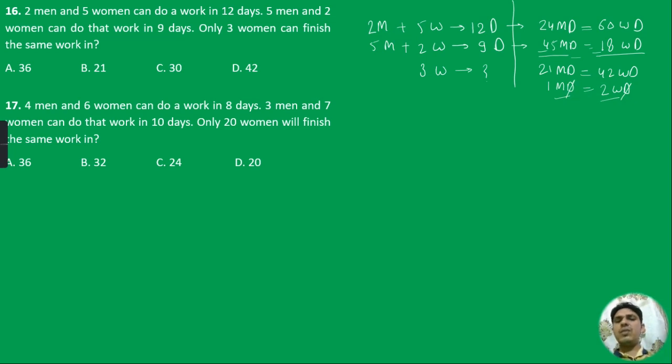So if 1 man is equal to 2 women, then 2 men is equal to 4 women, and 4 women plus 5 women is equal to 12 days. That means we can say that 9 women is equal to 12 days. If 9 women in 12 days, then 3 women in how many days?